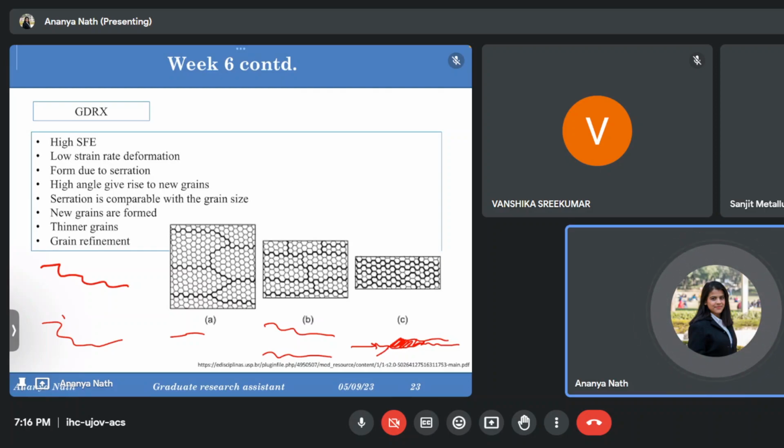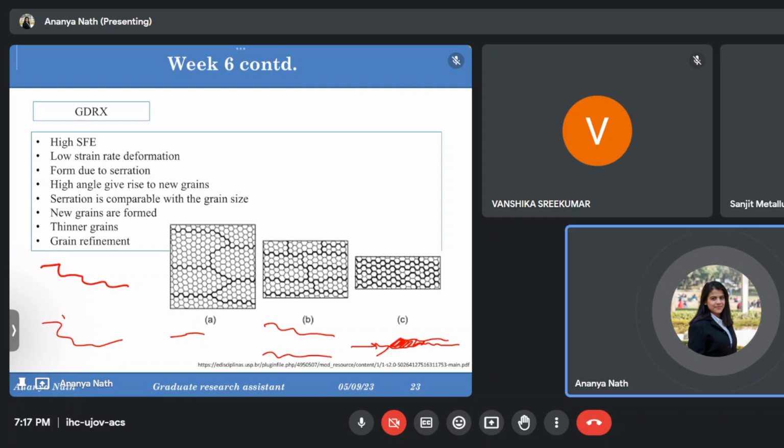CDRX is something occurring because of some mechanical and metallurgical war going on inside the lattice between the different types of dislocations. But GDRX is not happening because of some metallurgical thing, like the dislocations are not moving, the dislocations are not orienting, nothing is happening.